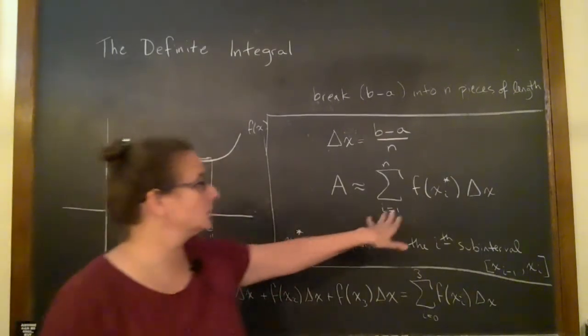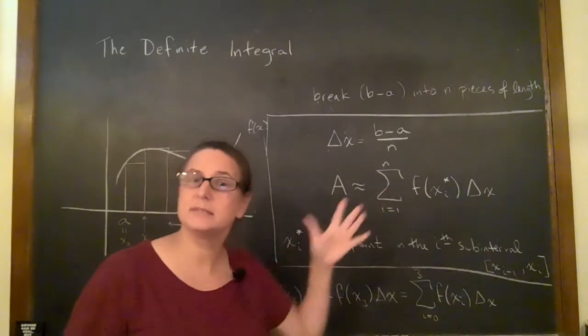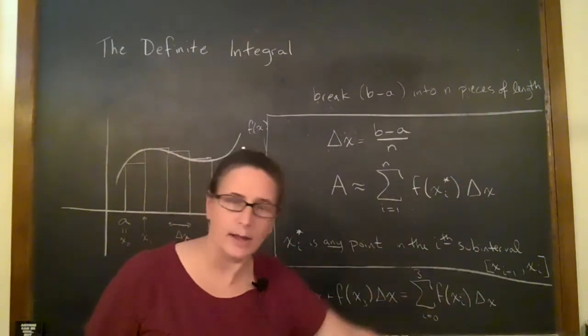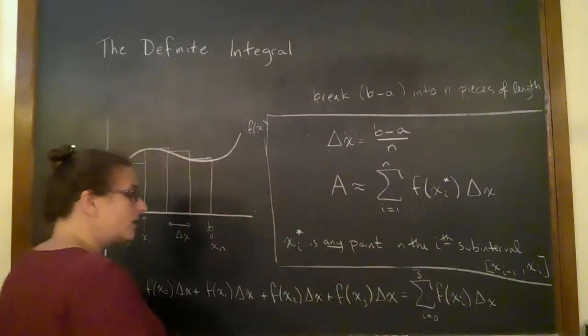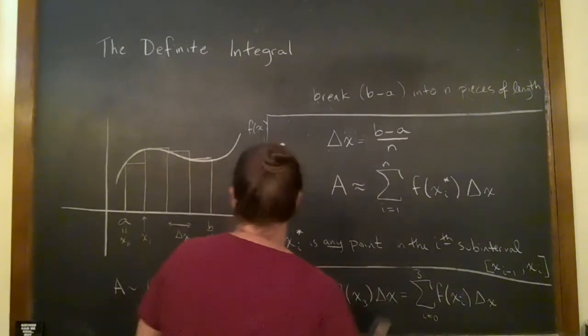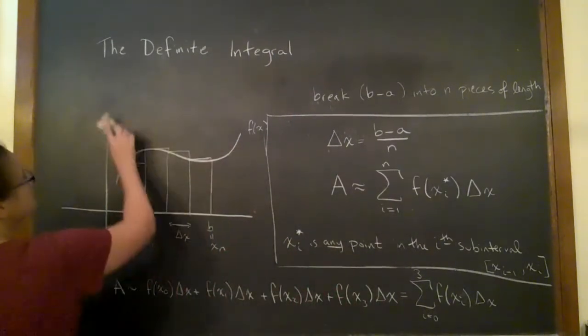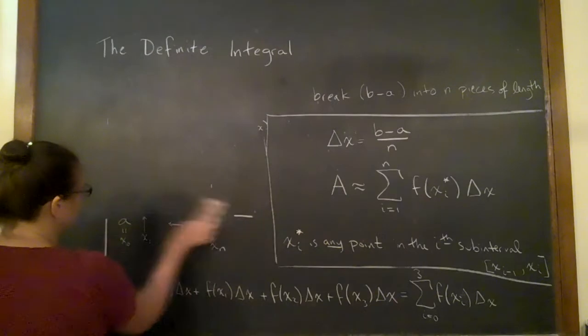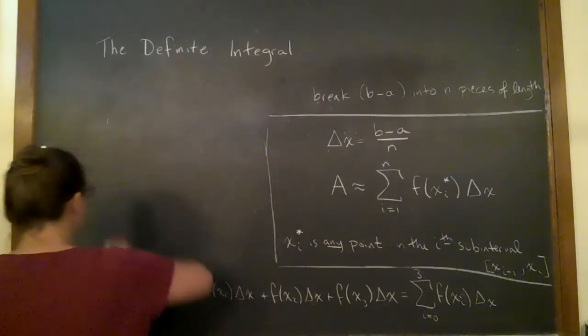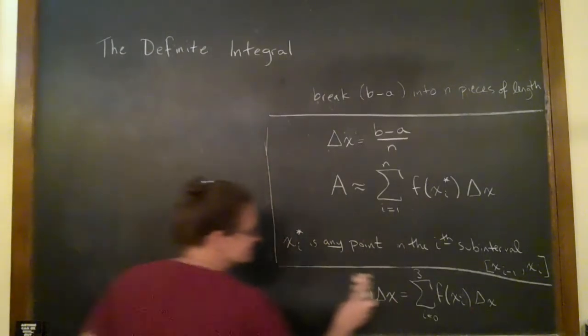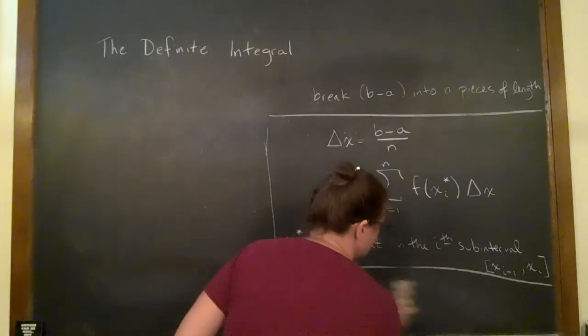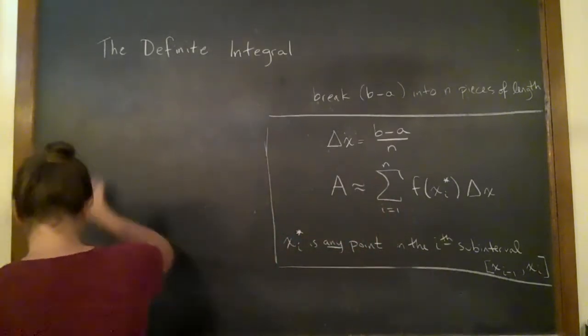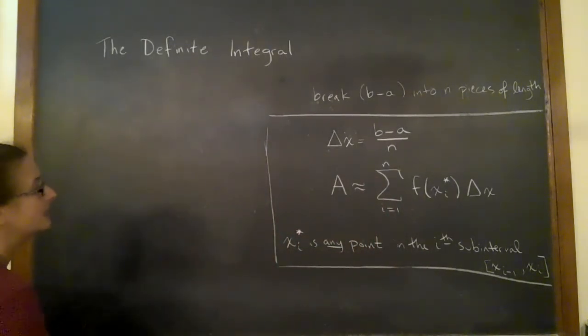So this is just called a Riemann sum when it's the sum of the rectangles, okay? But what we really want to do is take the limit of this. So I am going to erase the picture real quick. And then I'm going to take the limit.